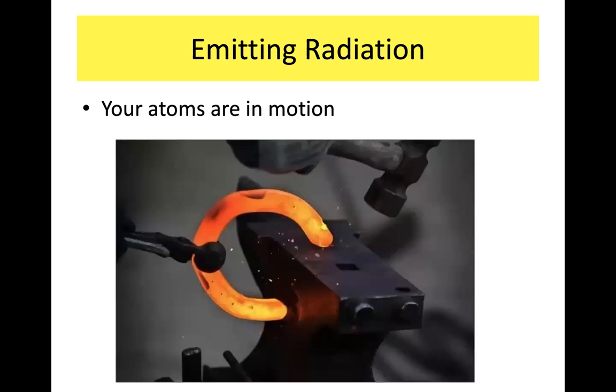You've probably noticed, and we've talked about this in the past, that when, for instance, a horseshoe is heated up, it begins to glow. Now that glow, if our eyeballs perceive it as a glow, then that object itself, that piece of steel, I think horseshoes are made of steel, is giving off light.